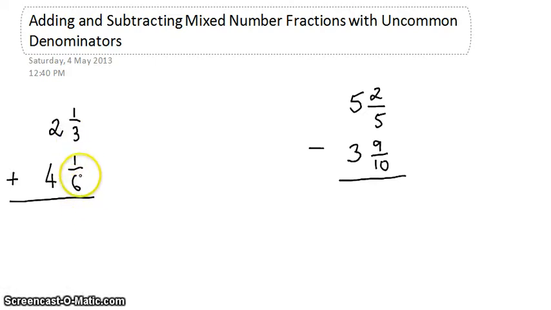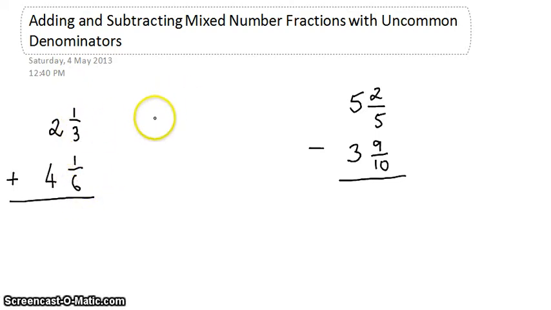So we need to look at our denominators here and turn one of them into an equivalent fraction so that we have the same parts being added. All right, so what we're going to do is see that, well, 3 and 6, there's a number of ways to look at this, boys.